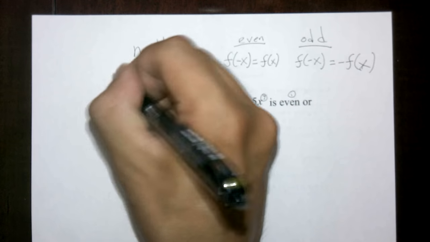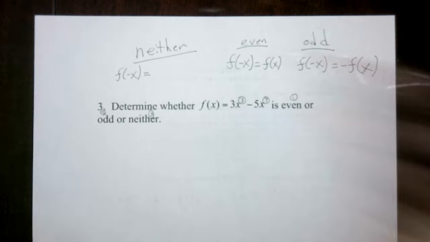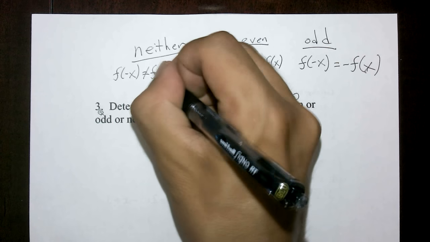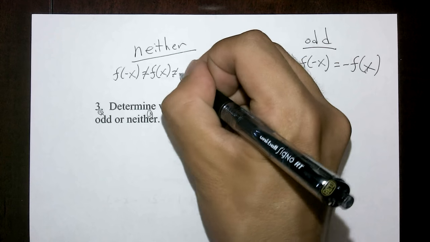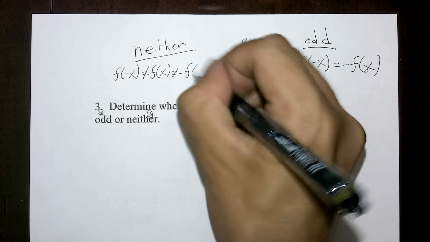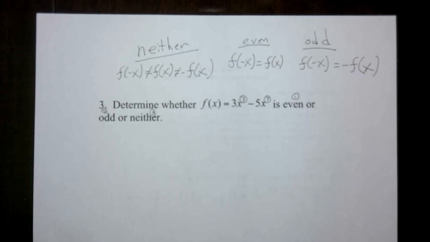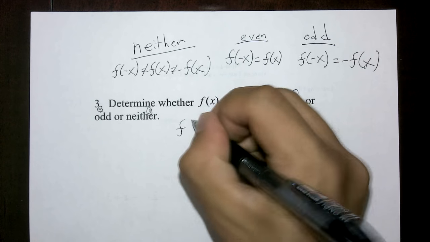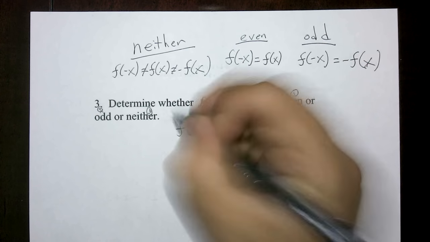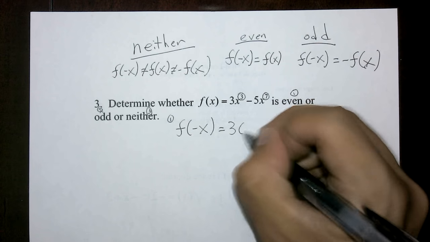And the neither is just pretty much neither of these two options, where it's not equal to f of x, the original function, and it's not equal to negative f of x. And again, a lot of this is going to come down to the function. So if we get right to it, first evaluating f of negative x, the problem would look something like this.